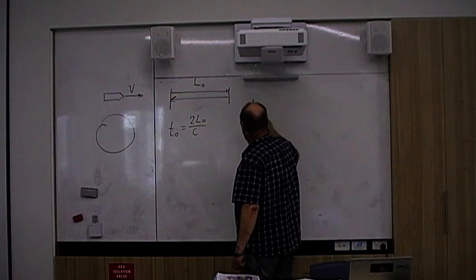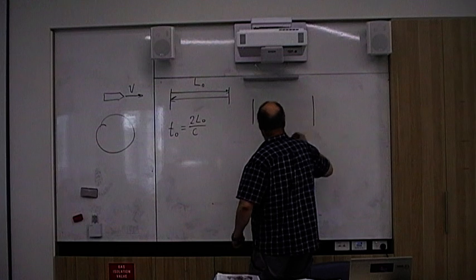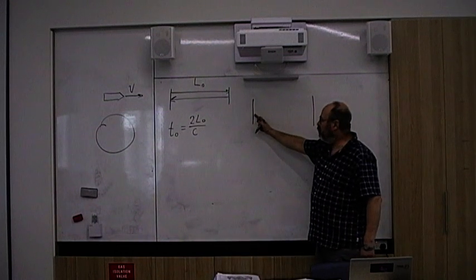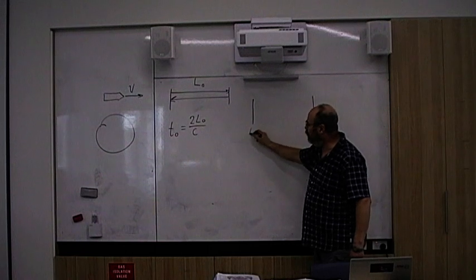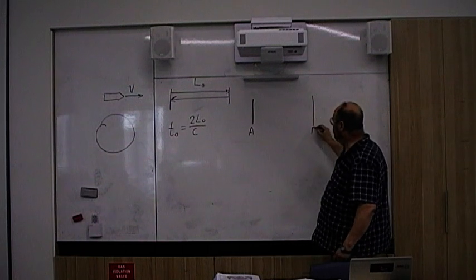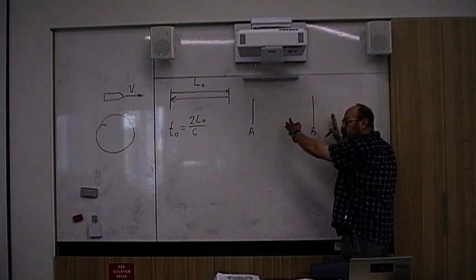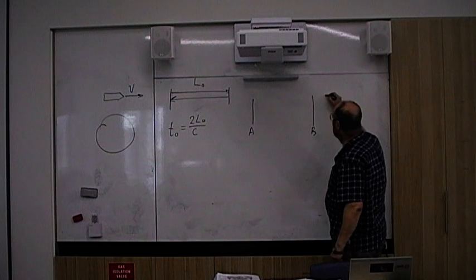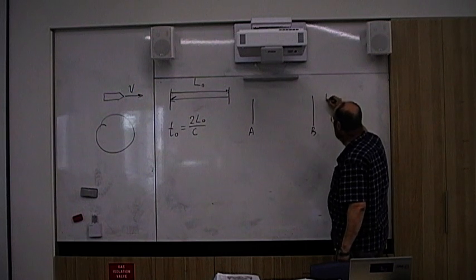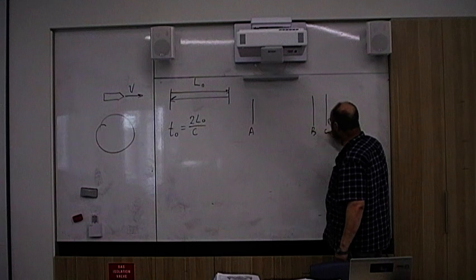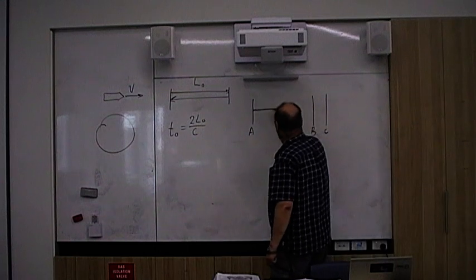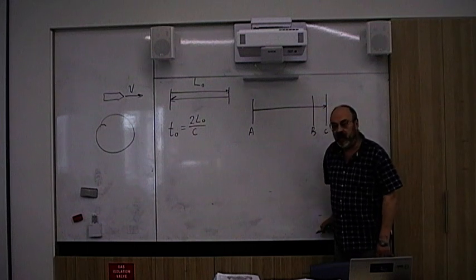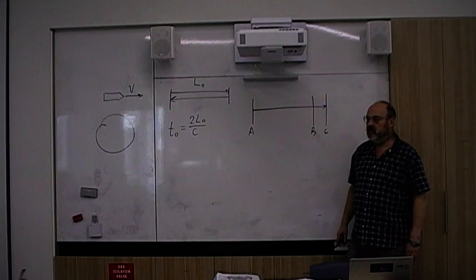So we have this clock, but while light is traveling from A to B, the spaceship is moving this way. So when light hits this mirror, it will be at this position, C. So what the observer from the Earth will see is that the light travels a bigger distance, right?